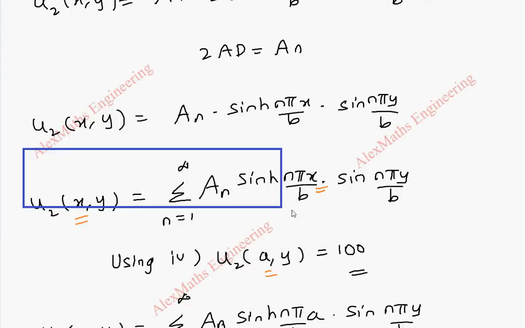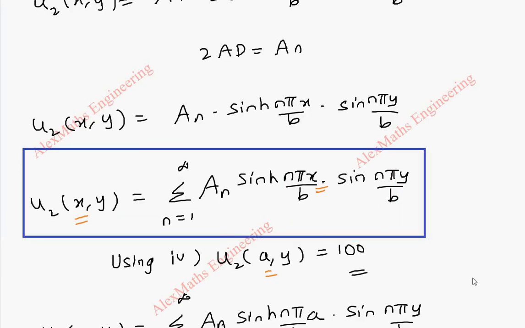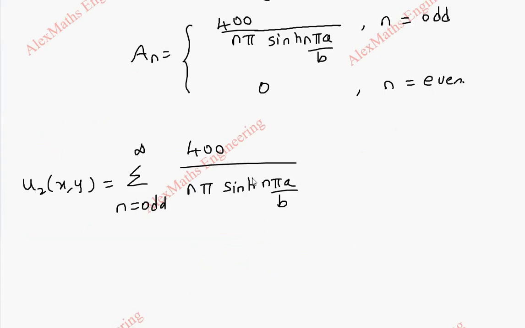Let's highlight it. So an we substituted sin h n pi x by b into sin n pi y by b.